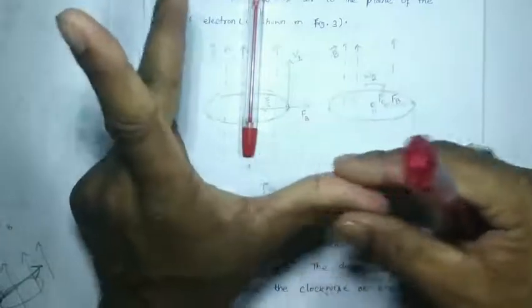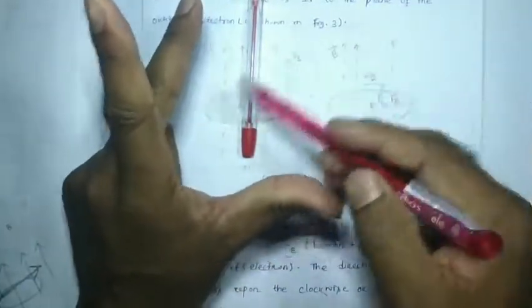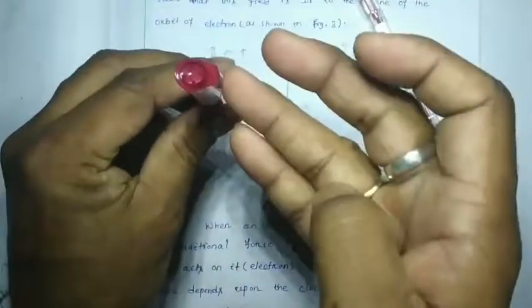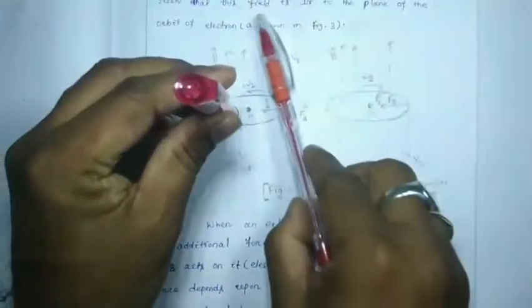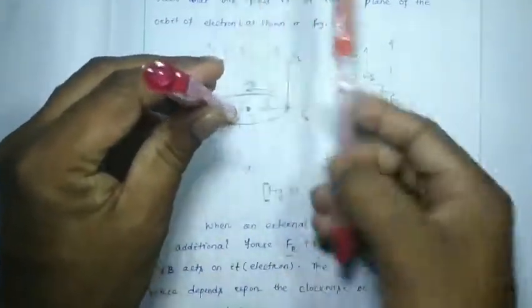So the magnetic force will act on this charged particle when the magnetic field is applied perpendicular to this plane. On this plane the electron is revolving. We apply the magnetic field perpendicular to the plane, so this side, and the velocity direction is along this side.